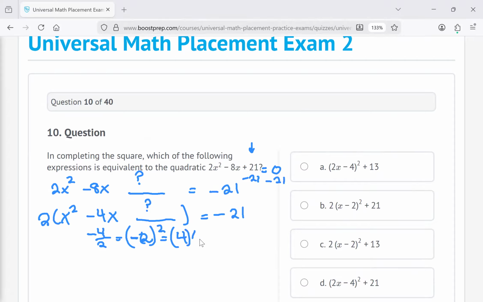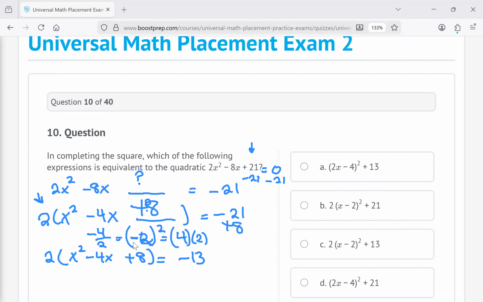And then times by 2, because you can't forget about the 2. So 4 times 2 is 8. So you're going to add 8 here, and you also have to do it on the right. So now you have 2 parentheses, x squared minus 4x plus 8, equals -21 plus 8, which is -13.